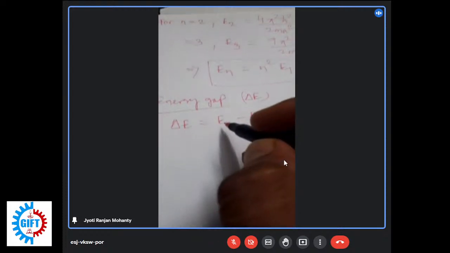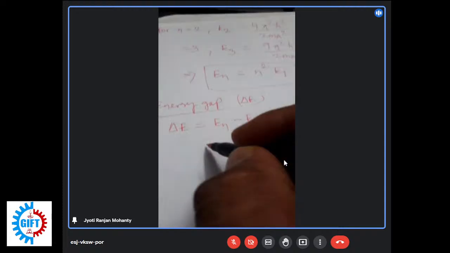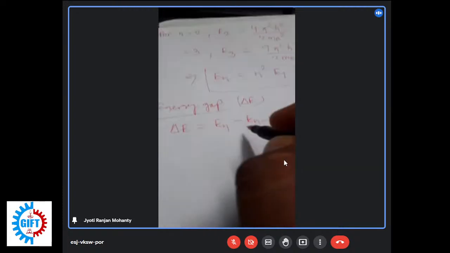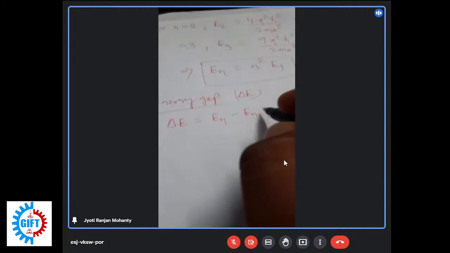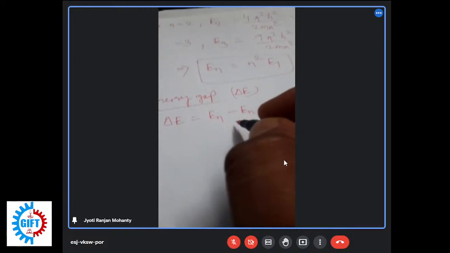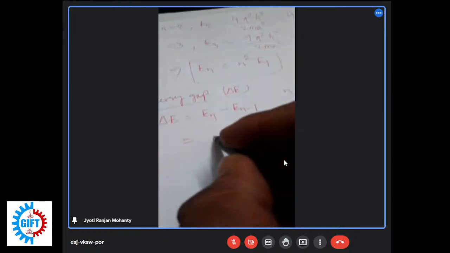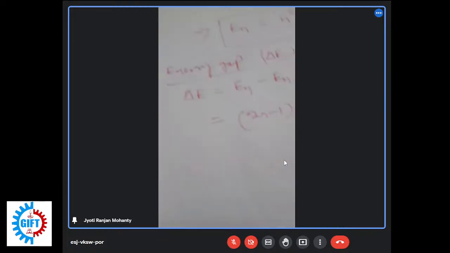You apply the formula: n square pi square h cross square by 2m a square minus n minus 1 whole square pi square h cross square divided by 2m a square. If you determine the value, it is 2n minus 1, so the energy gap is equal to 2n minus 1 into E1.